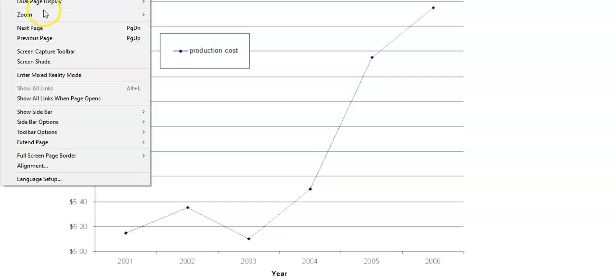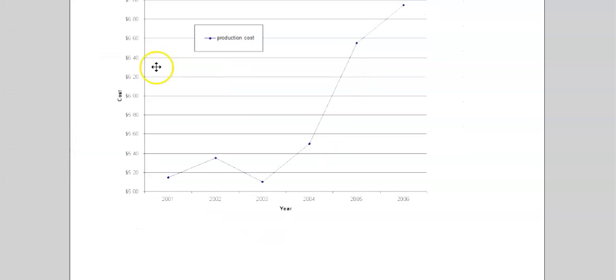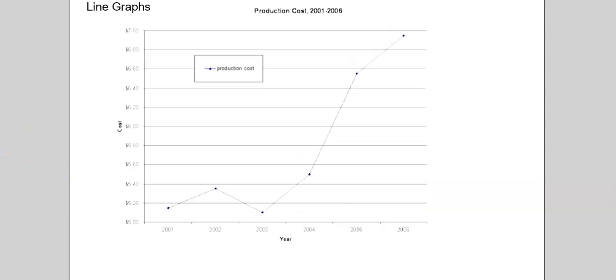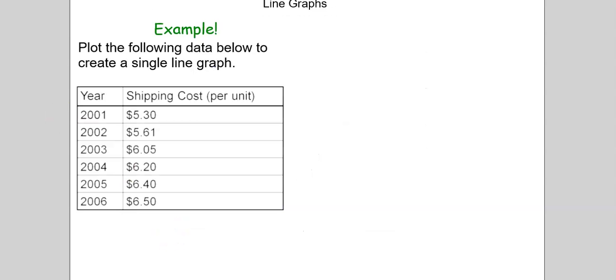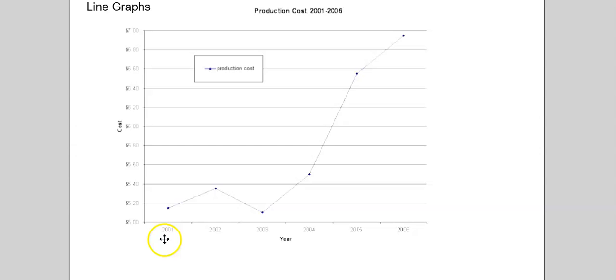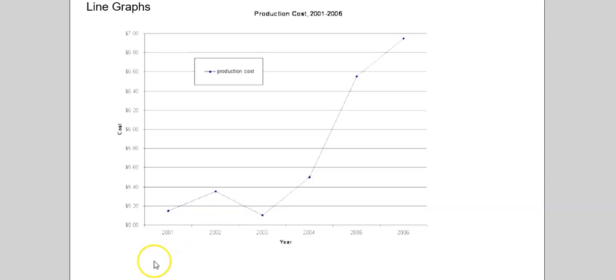Let me change the view a little bit. Fit it all. All right. So in 2001, again, what was our number? It was 530. So that looks off. That's actually wrong. That would be more like 515 or 518.